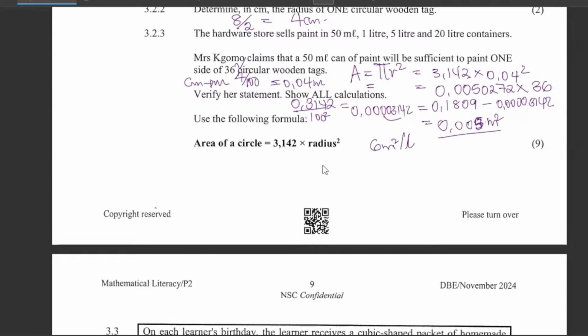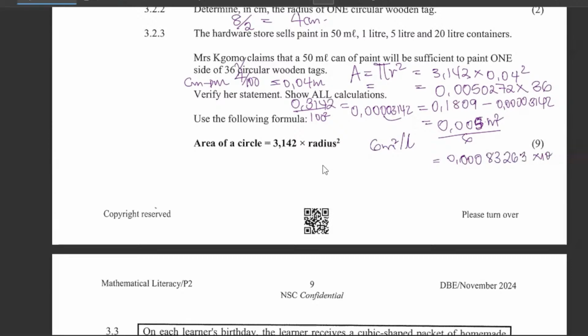So we need to divide this. We divide this by 6, which makes it smaller. These are liters.